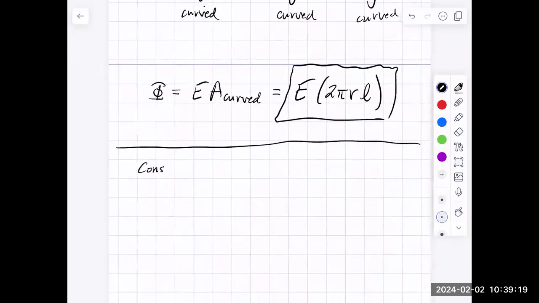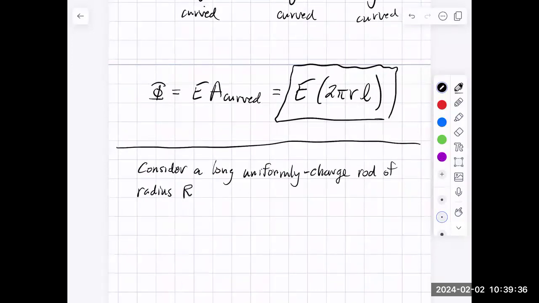So consider a long, uniformly charged rod of radius, let's say capital R, and charge density rho. So what we need to do is find the electric field.